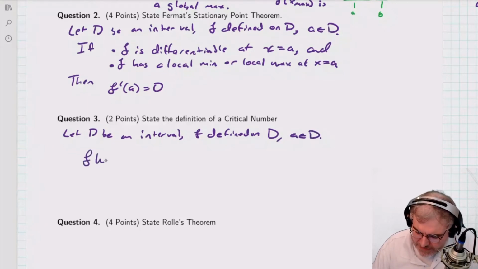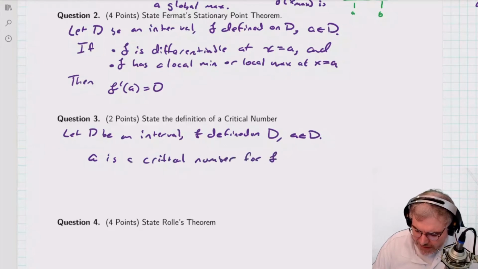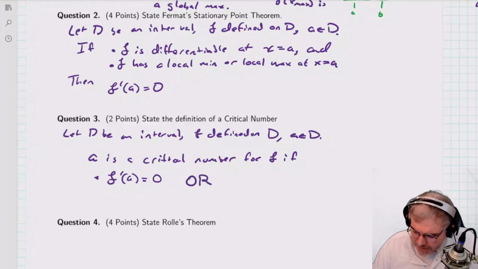A is a critical number for F if F prime of A equals 0, or F prime of A does not exist.